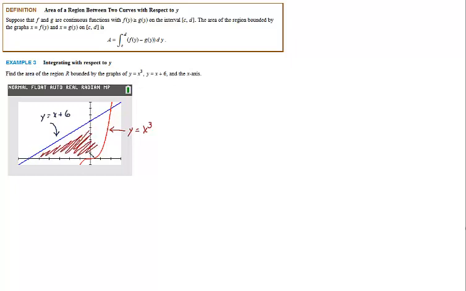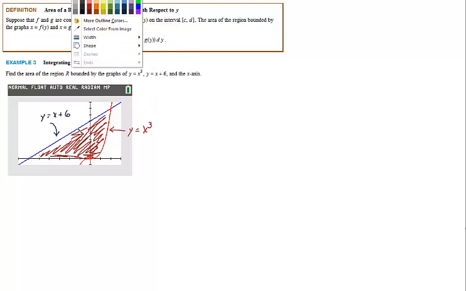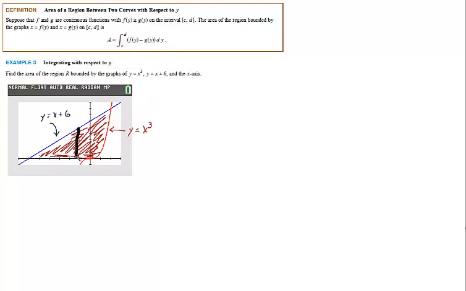So basically I'm looking at this region here, and if I were to create my little rectangle like we talked about before, I want you to notice that if I draw my rectangle straight down here, if I scoot it along, move it left and right and integrate with respect to x, you see how I would have this function x plus 6 on the top here, the x-axis here.